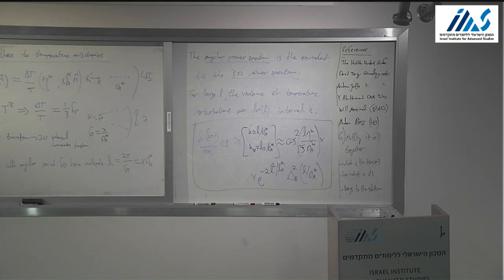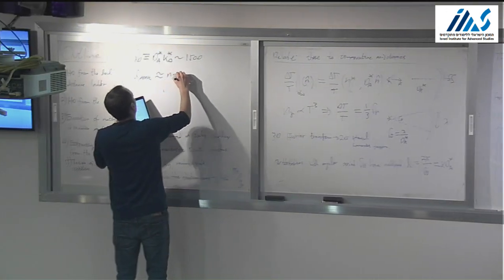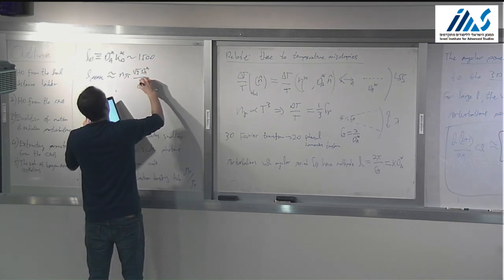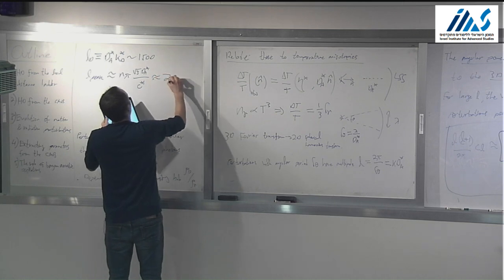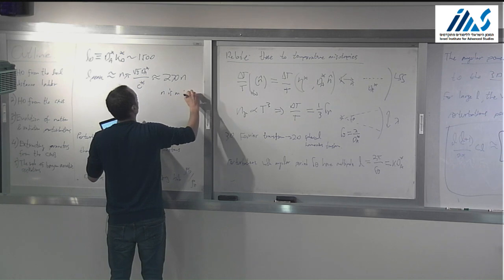Let me just write that already from this, some features we can already derive. We know that the damping scale in 2D is given by this, and this is roughly 1500, and that the peaks are roughly at n pi square root of 3 d_A, where n is an integer.